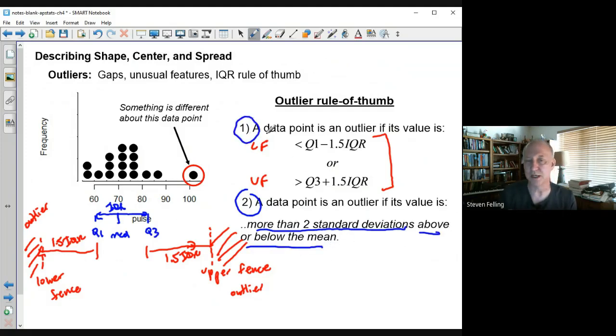We can use the median and use what are called the IQR rules: find the upper and lower fence and determine if it's outside those fences. Or you can just figure out how big a standard deviation is and go plus or minus 2 standard deviations. If it's further than that from the mean, then it's considered unusual enough to call an outlier. All right.